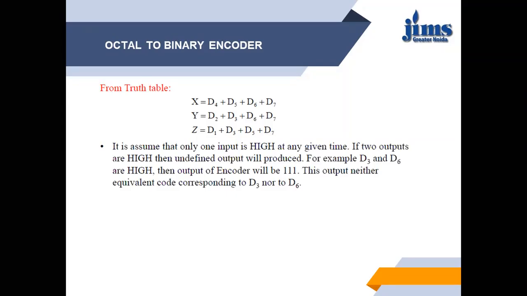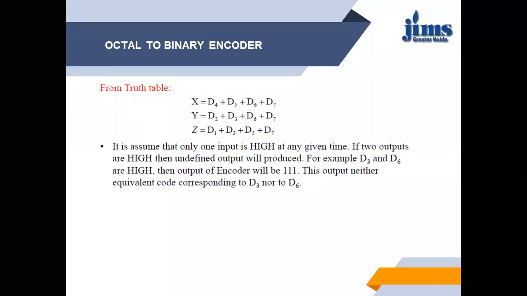Now assume that only one input is high at a given time. Now what happens if more than one input is 1 by any means, if there are fluctuations in the circuit, and suppose that at any given time, for example, D3 and D6 are high.